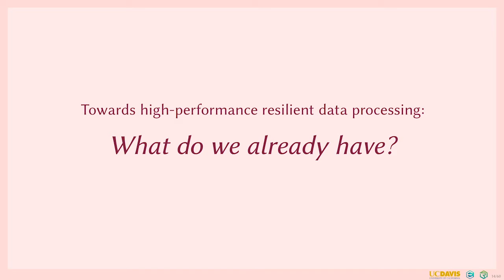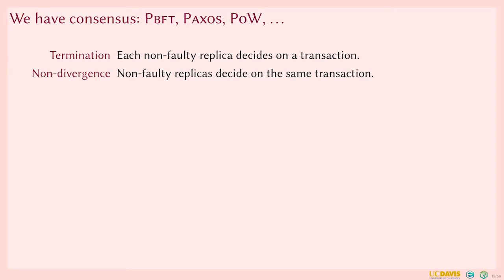Having answered why we want high performance resilient data processing and what it has to do with blockchains, we can next ask ourselves what we already have towards this goal. The first thing we've already seen is that we have blockchains, and blockchains really operate based on consensus between replicas on which transactions to propose. So we also already have some consensus protocols to achieve this.